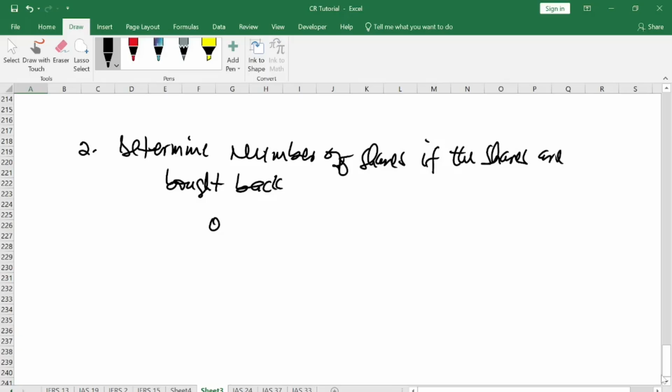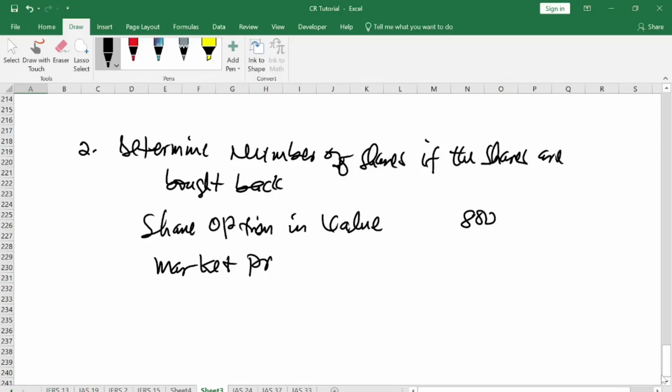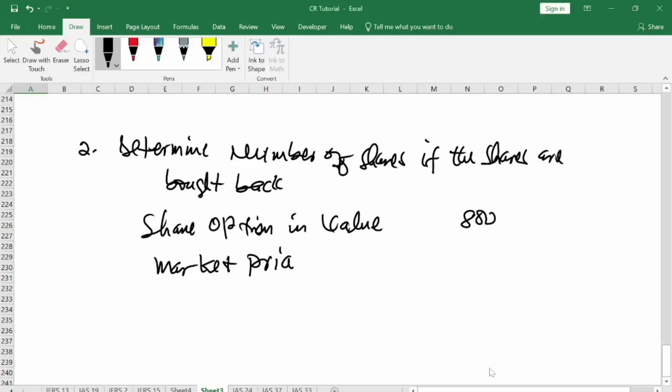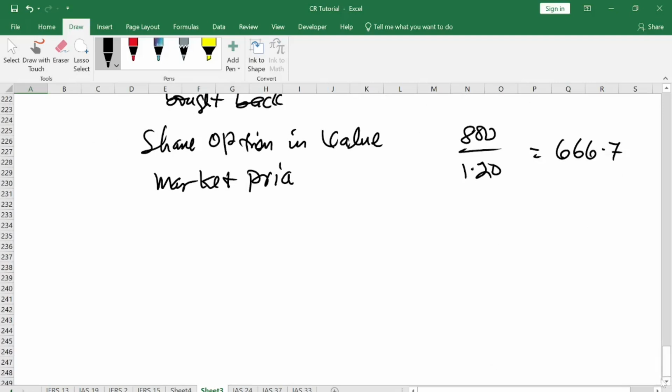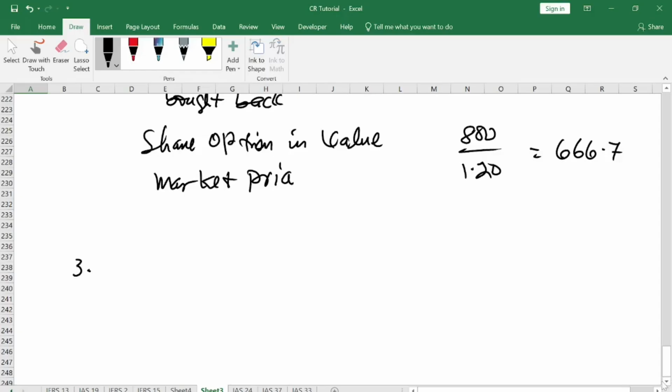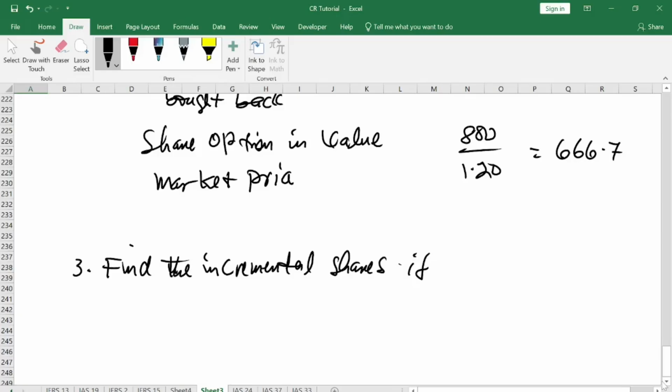You pick the share options in value that we just calculated, which is 800, then divide by the market price of the share, which is 1.2. That gives you 666.7.